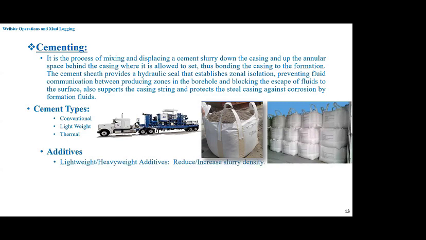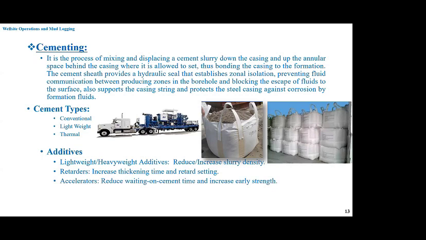They use some additives to modify the properties of cement. For example, they use lightweight or heavyweight additives to reduce or increase slurry density as per the cement program. Also, they use retarders to increase thickening time and retard setting.